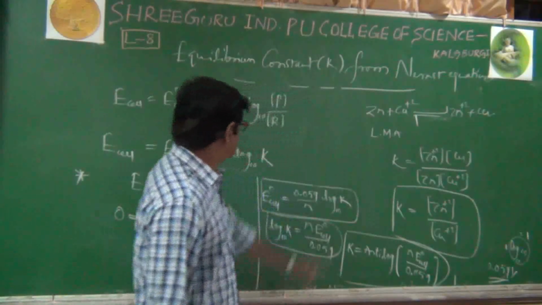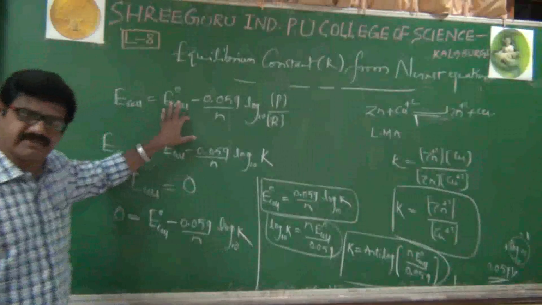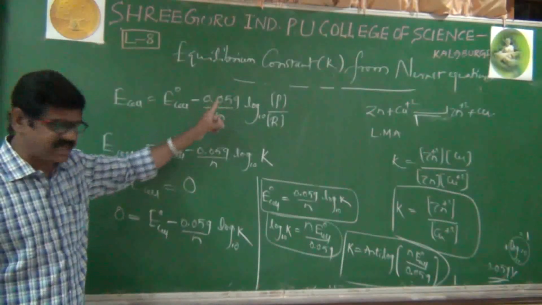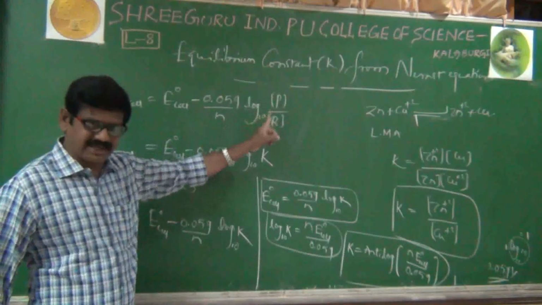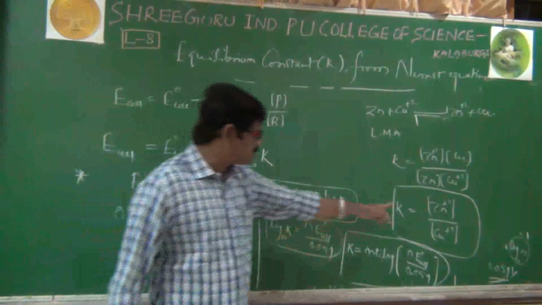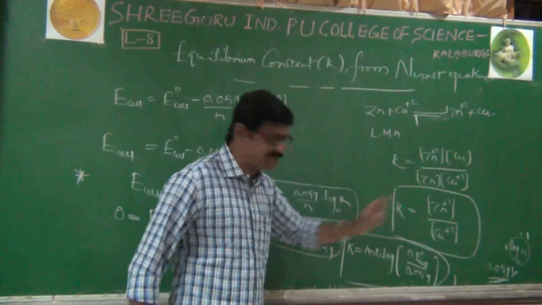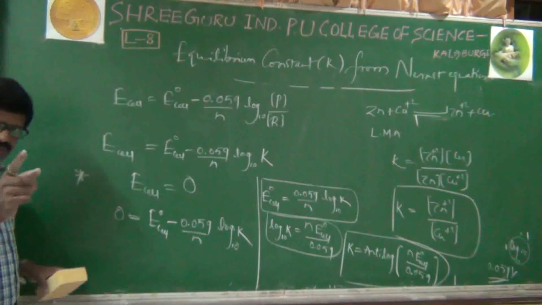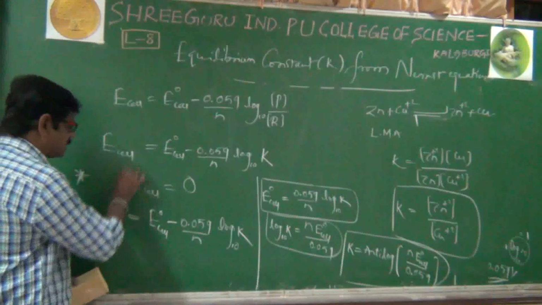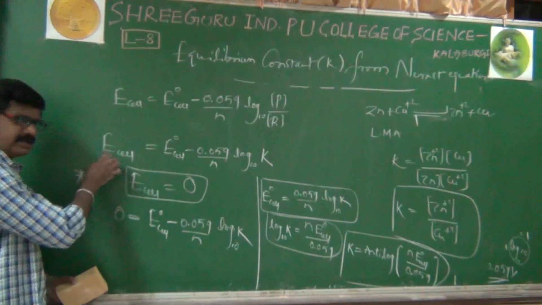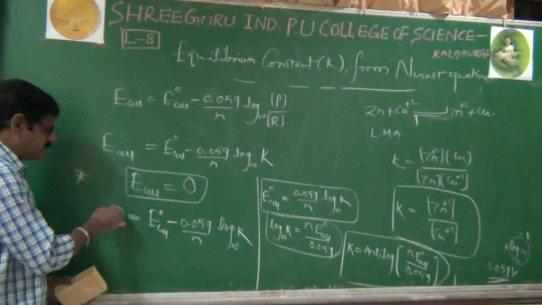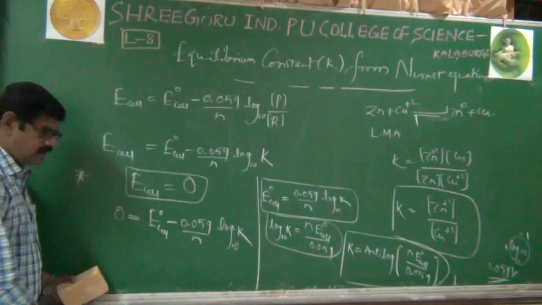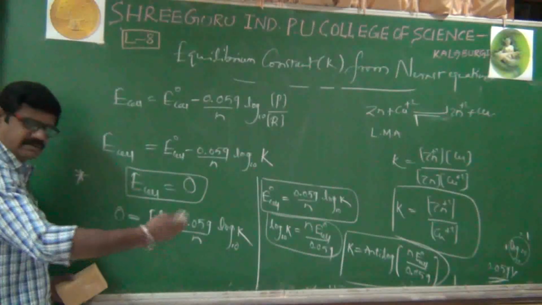Right. Now we'll take the Nernst equation for the cell, that is E cell equal to E naught cell minus 0.059 by n log base 10 product by reactant. Then product by reactant is nothing but K. That's why I have substituted K here. And one more thing: at equilibrium, cell potential becomes 0. That's why E cell is nothing but 0. 0 is equal to E naught cell minus 0.059 by n log base 10 K. It is like x minus y equal to 0, automatically x equal to y.